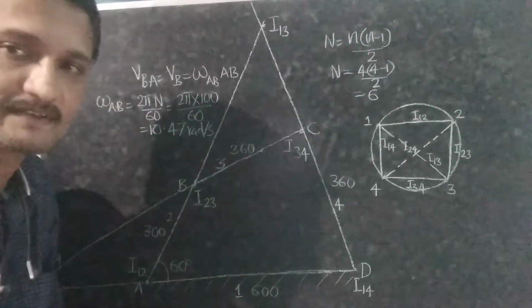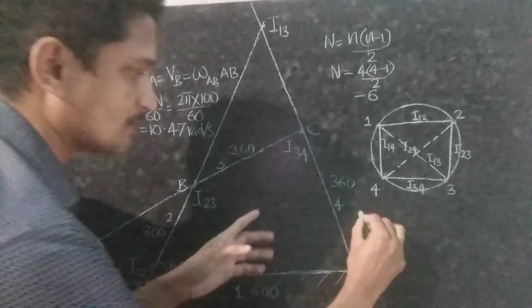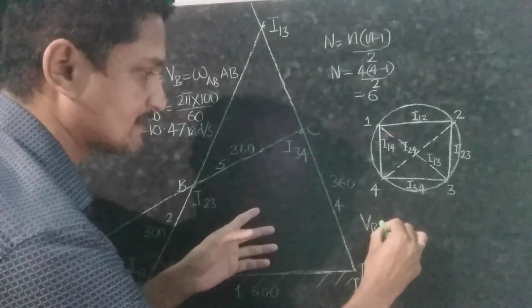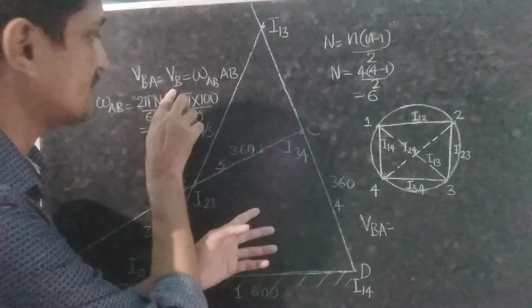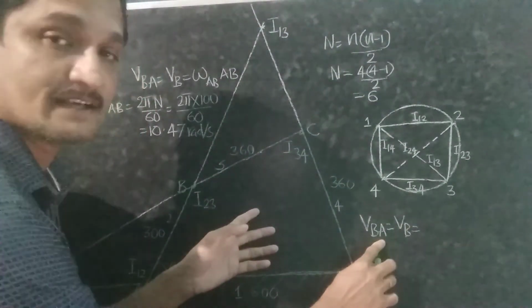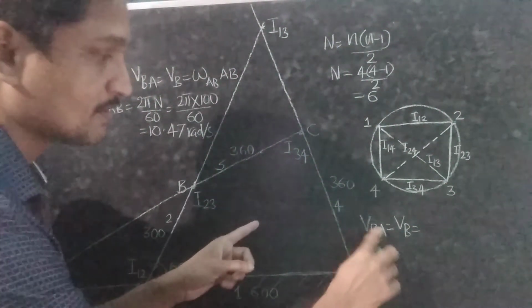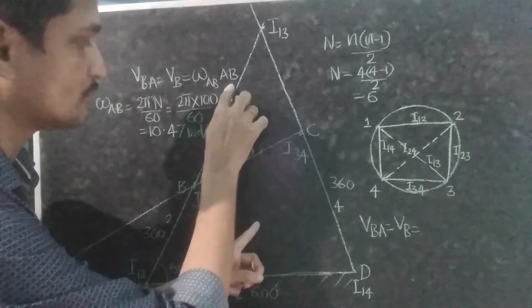Then the velocity of B with respect to A is equal to VB, the absolute velocity of B, because point A is a fixed point. That's equal to omega AB into AB.